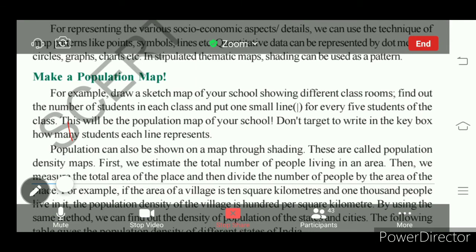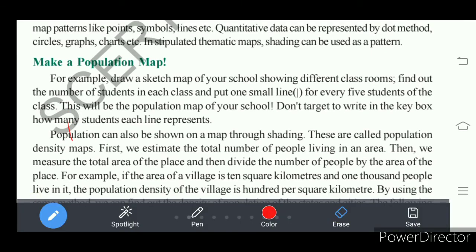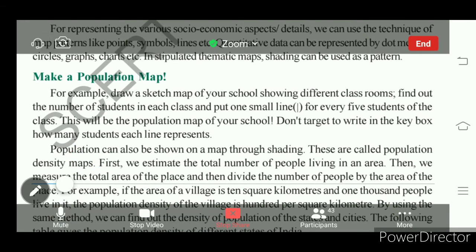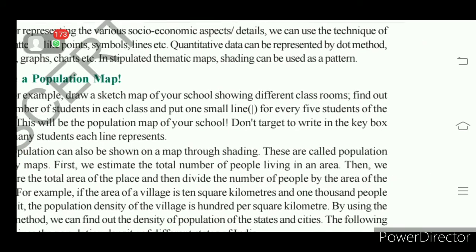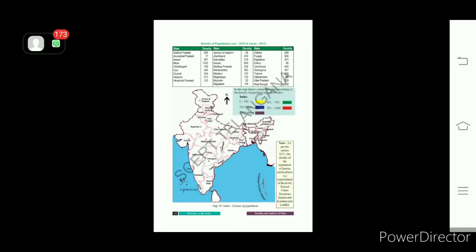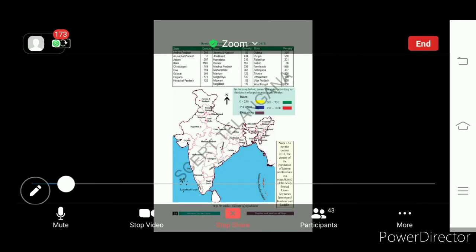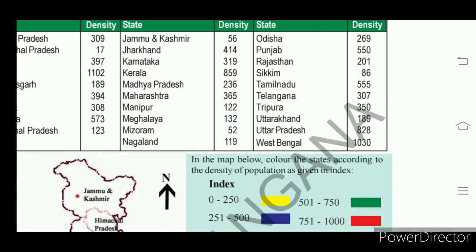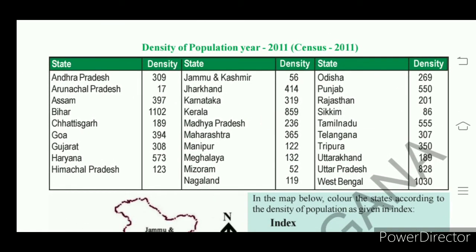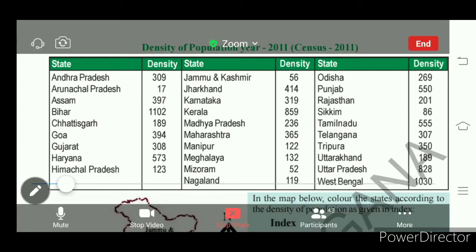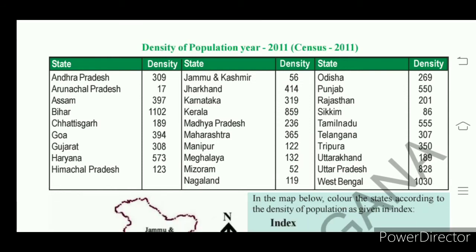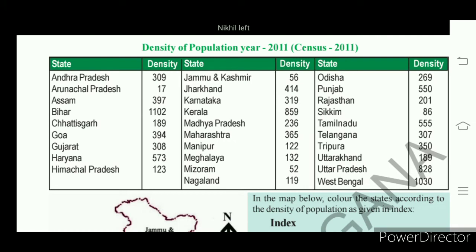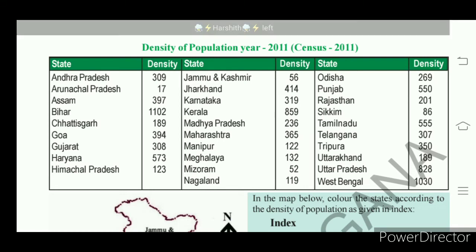Understand? So here we find the population density of India. Look here. What do you see here? It is the table showing the density of population in the year 2011, which is the last census year. Okay, the latest is the 2021 census.